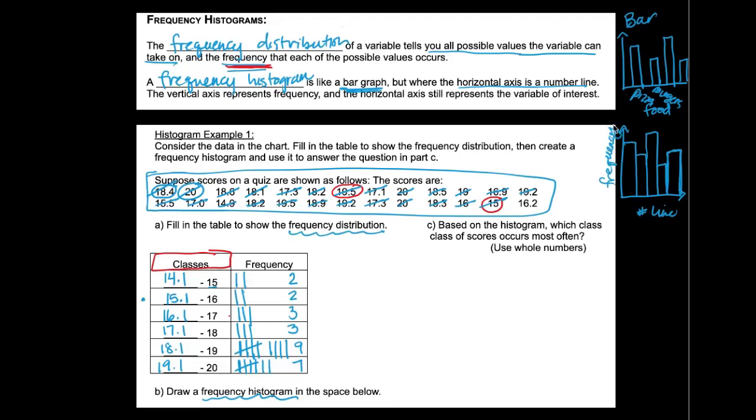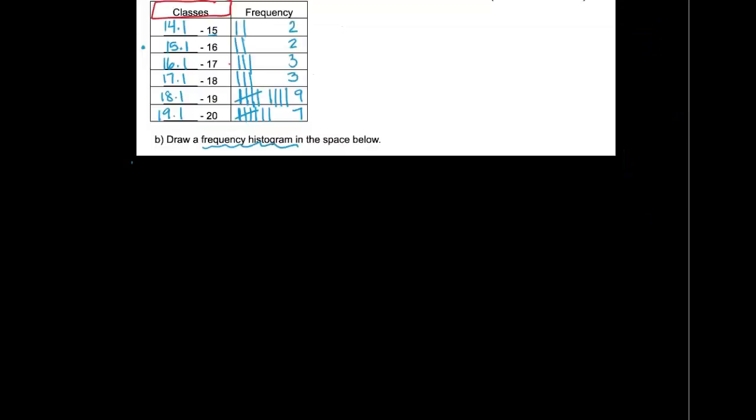Let's go ahead and make a frequency histogram for the frequency distribution that we just created for the quiz scores. I'm going to start by drawing my axes. I always want to put the classes on the horizontal axis, or the x-axis. Since my first class starts at 14.1, I'm not going to start at 0, so I'm going to go out a little bit there.